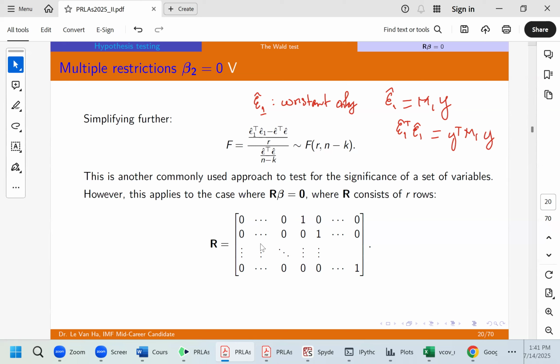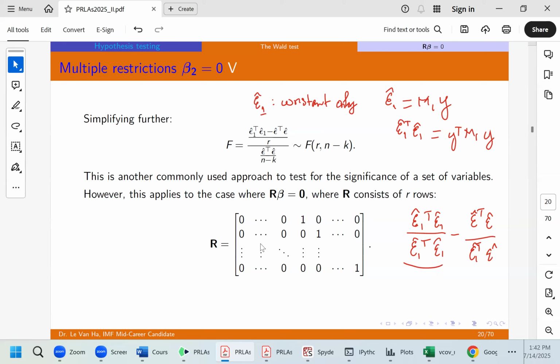So now I divide both the denominator and the numerator by this quantity, right? So I will get this is equal to 1. Is that right? Okay, so let's say I would take now epsilon 1 hat transpose epsilon 1 hat minus epsilon hat transpose epsilon hat over epsilon 1 hat transpose epsilon 1 hat.